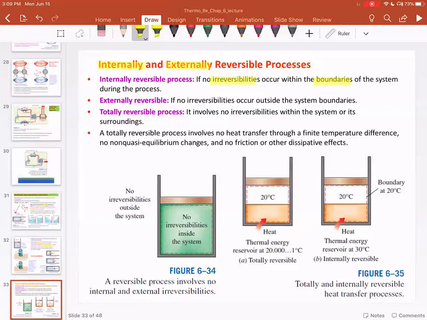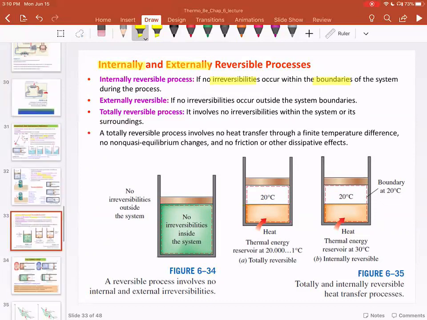But as soon as you cross the boundary, as soon as you go outside, the process is completely reversible. Now, a totally reversible process has no irreversibility inside the boundary or outside the boundary. So the system and the surroundings, every interaction taking place is reversible. Only then is it a totally reversible process.